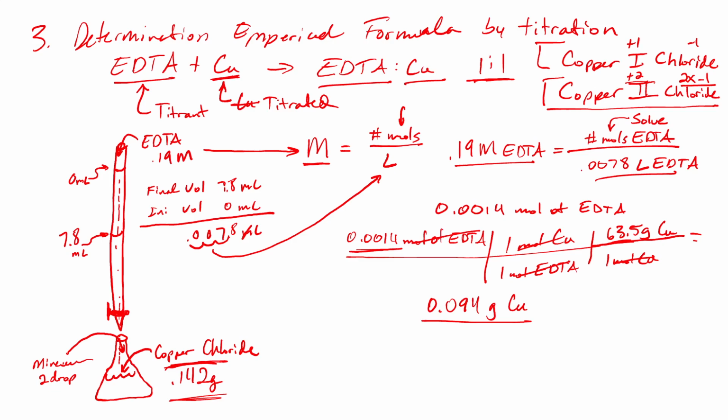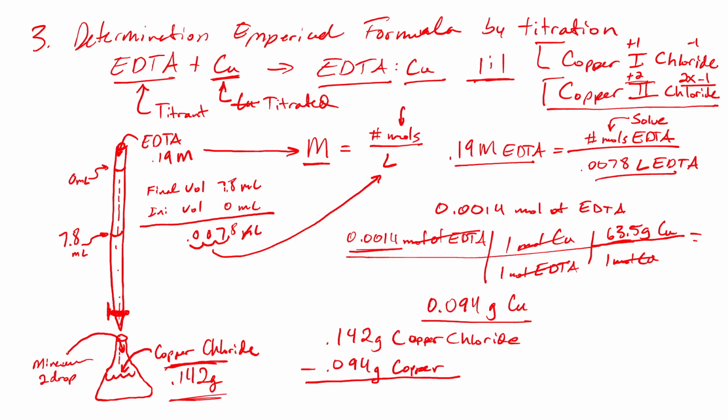So if there was 0.142 grams of copper chloride, subtracting the amount of copper I came up with will leave me with just what's left over, which is chloride.